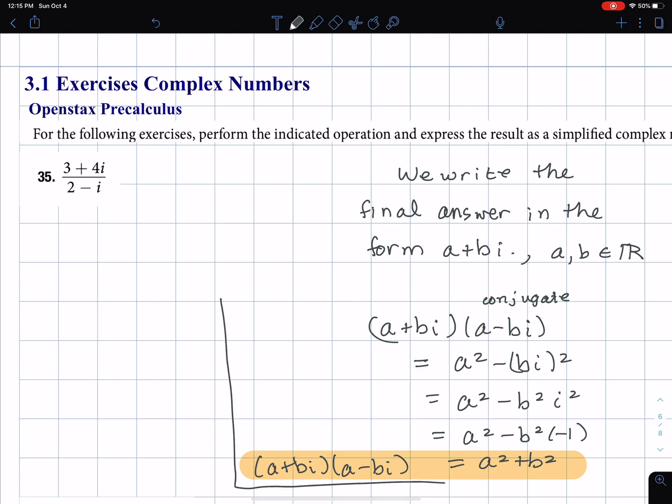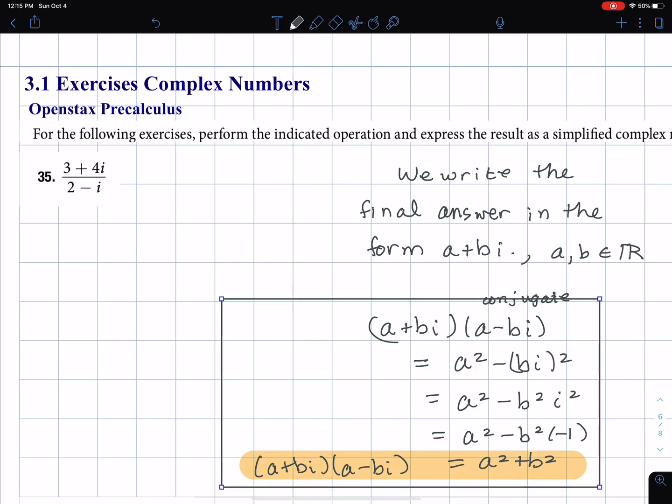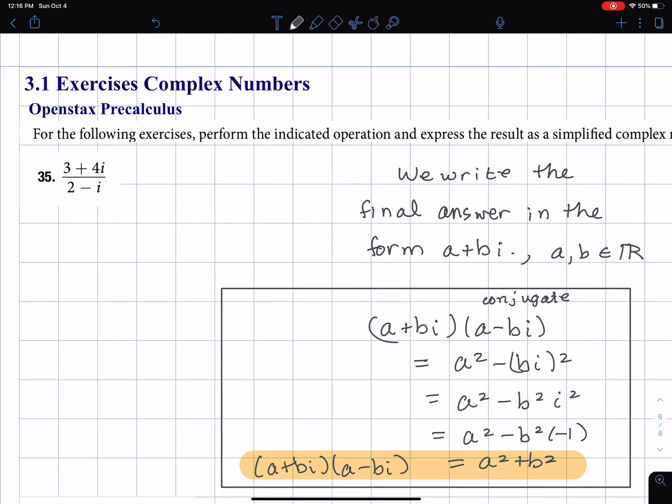But sometimes we don't want to keep drawing out all the work. We just want to use a formula, using the fact that i squared is equal to -1. These little bullets, I don't know if they're that good to use in math. It's carried over from some other programs.